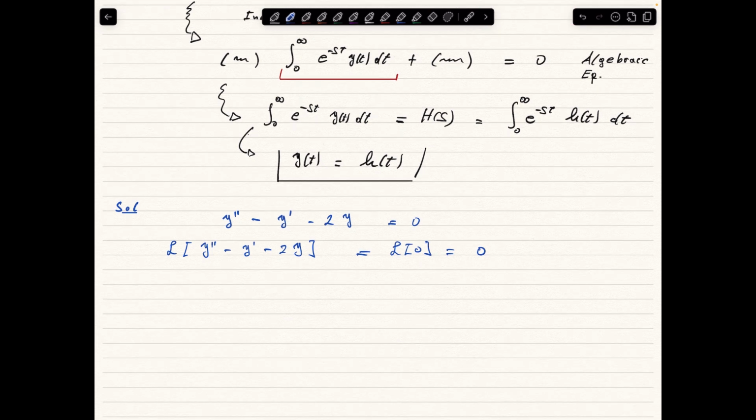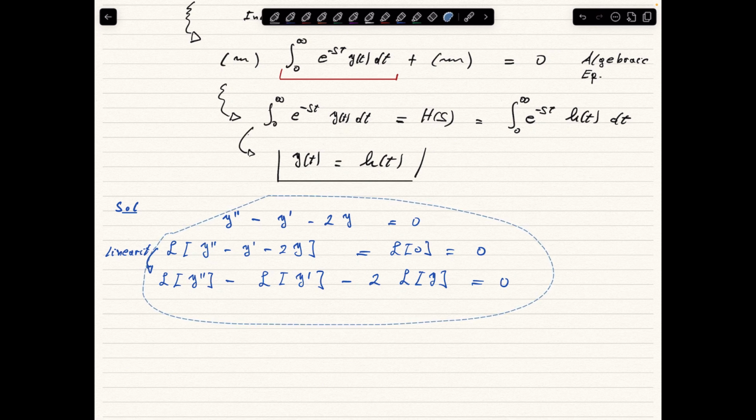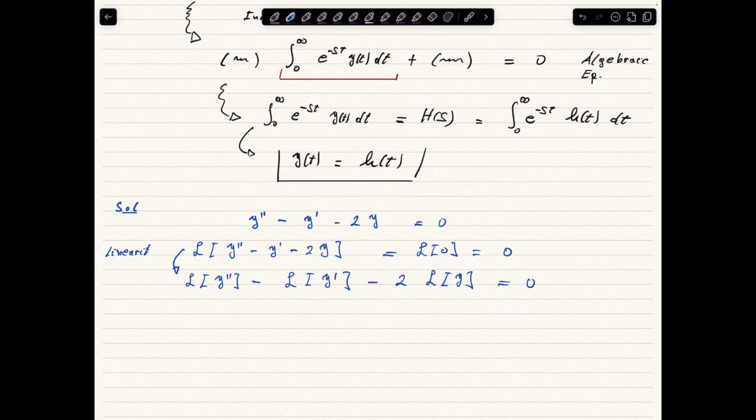Now we use linearity to write the left side as the Laplace transform of the second derivative minus the Laplace transform of the first derivative minus 2 times the Laplace transform of the original function, all equal to 0. That is the property of linearity.